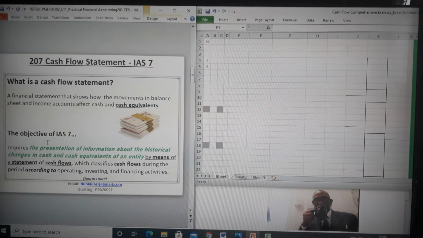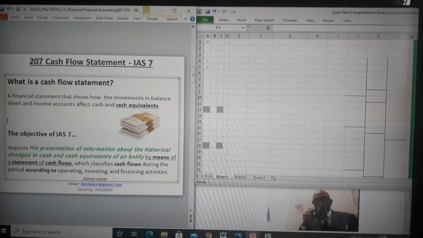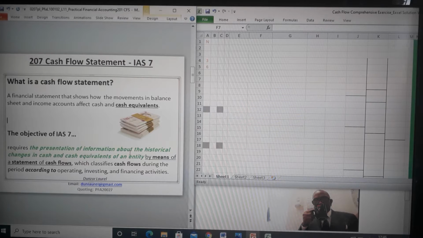The objective of IAS 7 requires the presentation of information about the historic changes in the cash and cash equivalents of an entity by means of a statement of cash flows, which classifies cash flows during the period according to operating, investing, and financing activity.